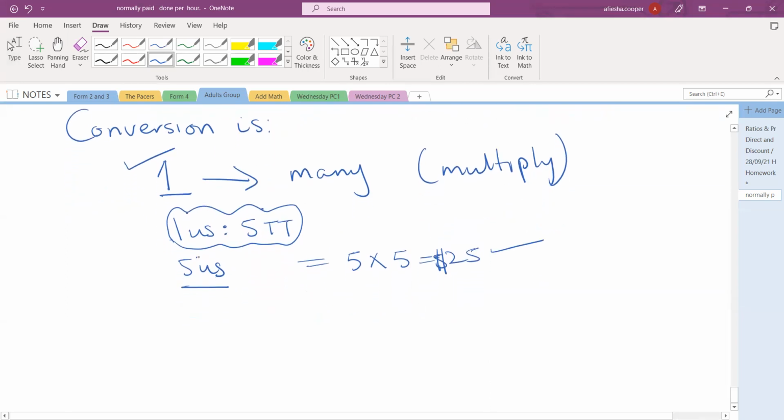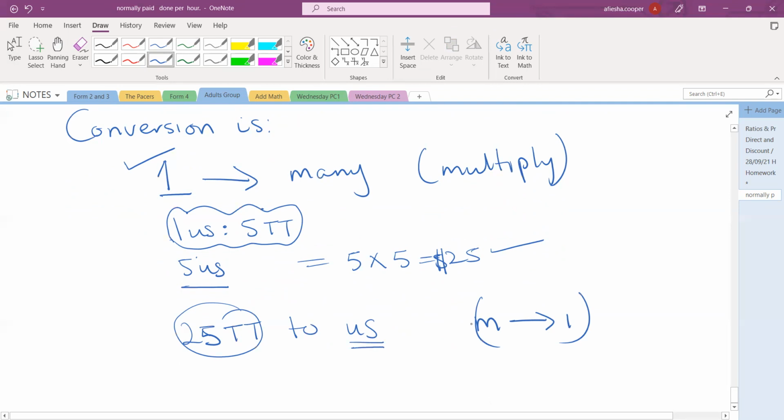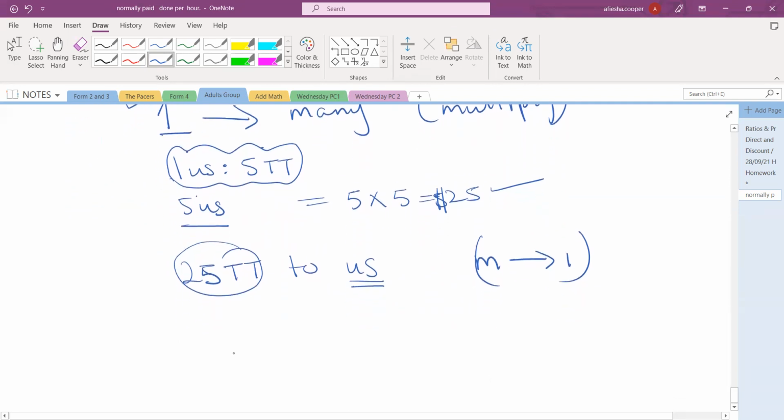So let's say we have the same conversion, 1 US, 5 TT, but now I have 25 TT to US. This conversion is now what? Many to 1, right? Because the bigger part now is going back to the smaller part. When we have many to 1, we divide.